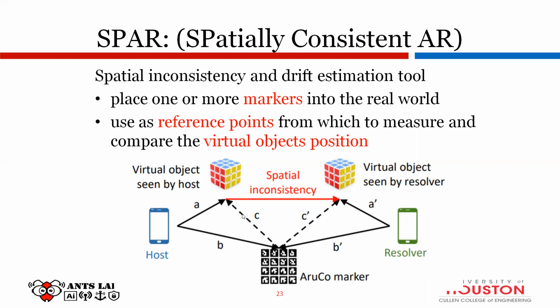With that, you can get the C and the C prime. And the spatial inconsistency is basically just C minus C prime, and then you can compute the inconsistency. So this is the way to compute the spatial inconsistency by using the algorithms.